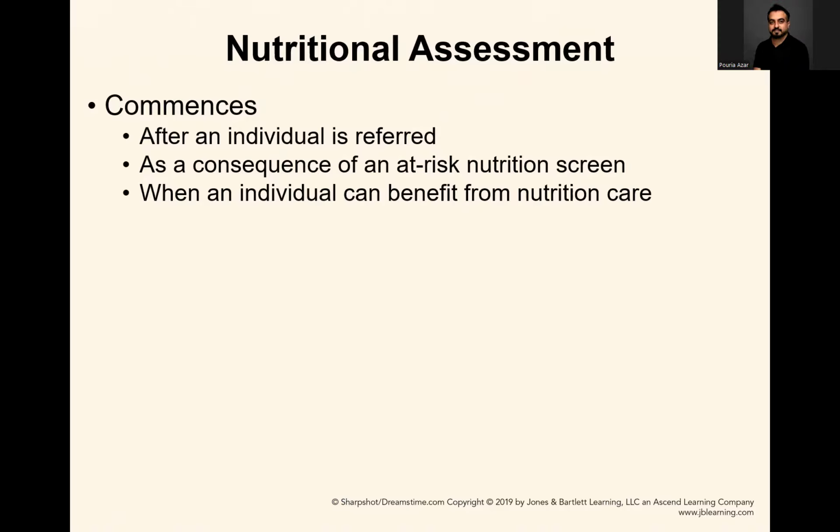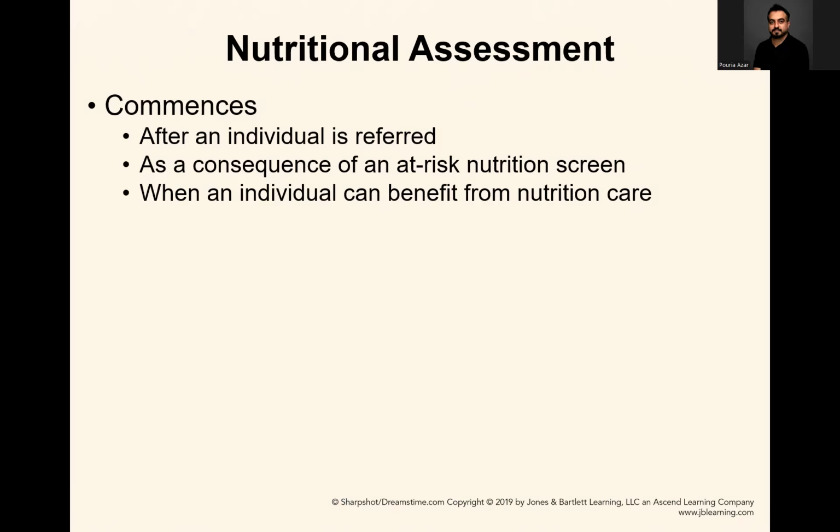So we conduct nutritional assessment after an individual is referred. Again, as I mentioned, when a client or patient is admitted to the hospital or an acute care hospital, healthcare members or dietitians need to conduct nutrition screening.